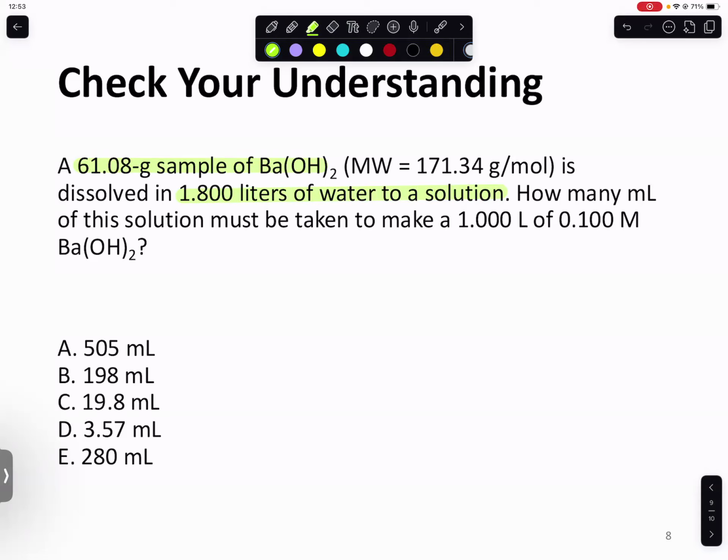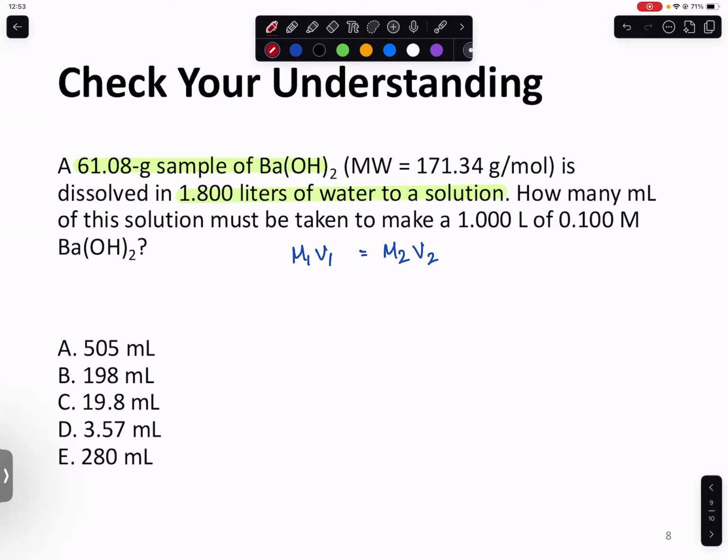How many milliliters of the solution must be taken to make 1.00 liters of 0.100 molar barium hydroxide? If we are using M1V1 equals M2V2, we want to extract the information from the question to find exactly what we are looking for.